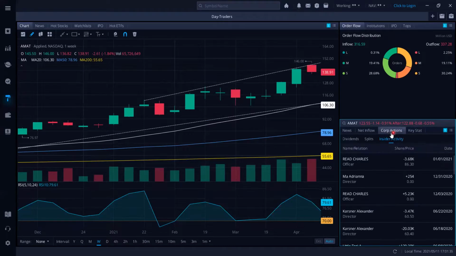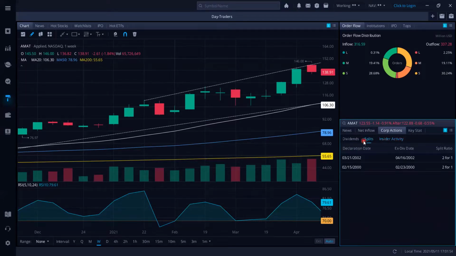Corporate actions. Let's see here. Okay. We've got some insiders selling, some buying. Last split was 2022.